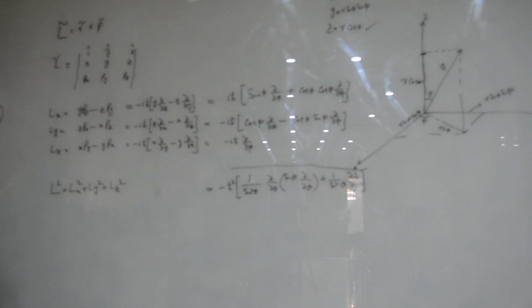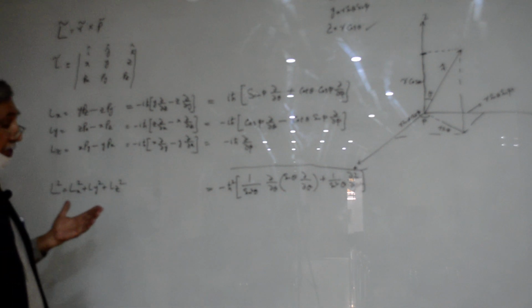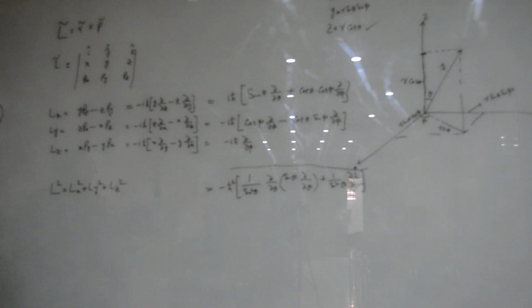These are quite different expressions from this one, because you have transformed them to spherical polar coordinate and you are not using the Cartesian coordinate. Now, in most of the cases, why do we transform angular momentum into spherical polar coordinate? Because most quantum mechanical problems are spherically symmetric problems.